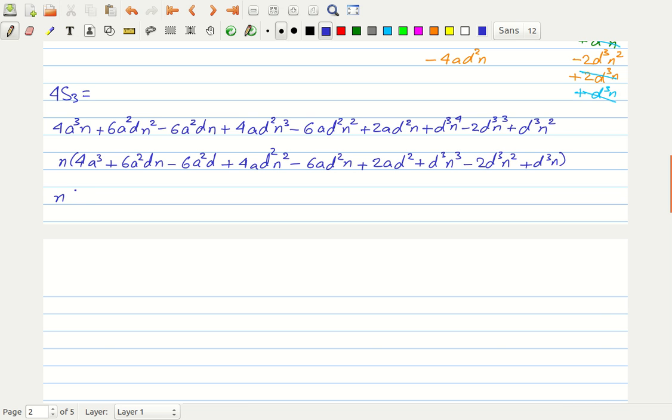This is equal to n times 4a cube. I can take 6a square d as common, so say this is 6a square d times n minus 1 plus d square, ad square I can see all the way here, so I can take 2ad square as common factor out.